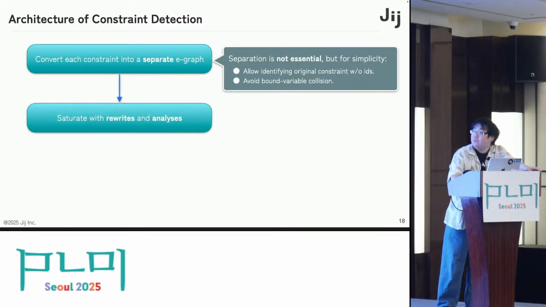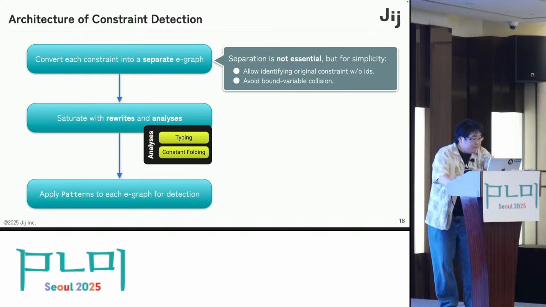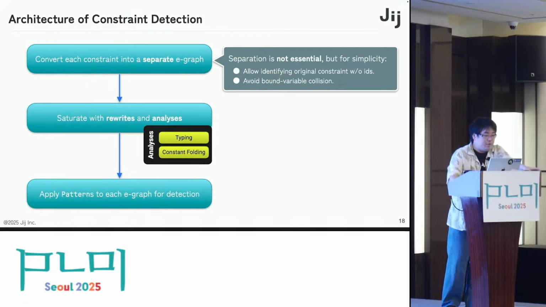And saturate with rewrites and analysis. And the analysis part consists of two parts, typing and constant folding. Why we need typing here will be covered soon. Okay. And then apply patterns to each e-graph for detection.